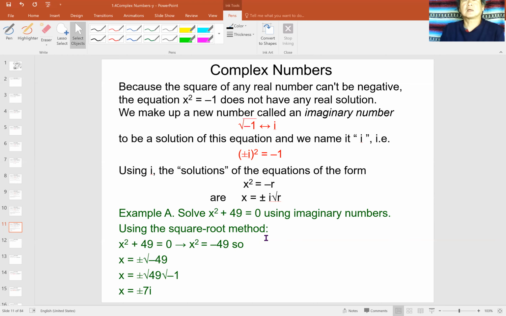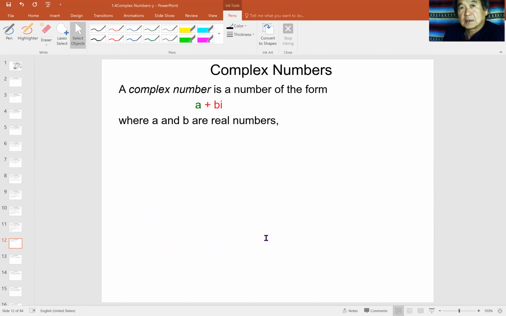So it's a new number that we invented just to play around with. It turns out to be extremely useful. Although it's not real anymore, it's not measurable. Now, from that number i, we're going to make up new numbers together with my own numbers, the real ones. I'm going to take the real numbers and add another component.